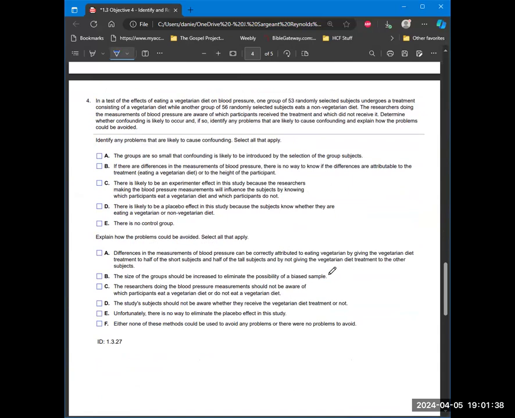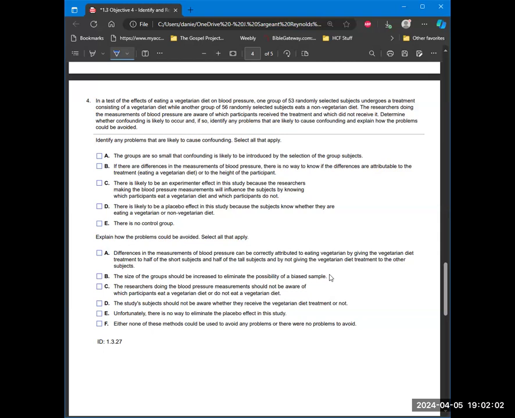Then the last question for this objective: in a test of the effects of eating a vegetarian diet on blood pressure, one group of 53 randomly selected subjects undergoes a treatment consisting of a vegetarian diet, while another group of 56 randomly selected subjects eats a non-vegetarian diet.